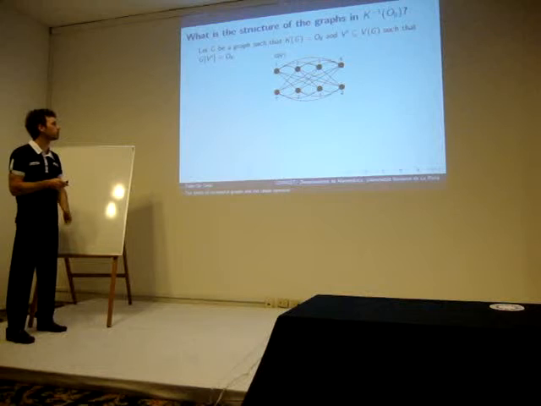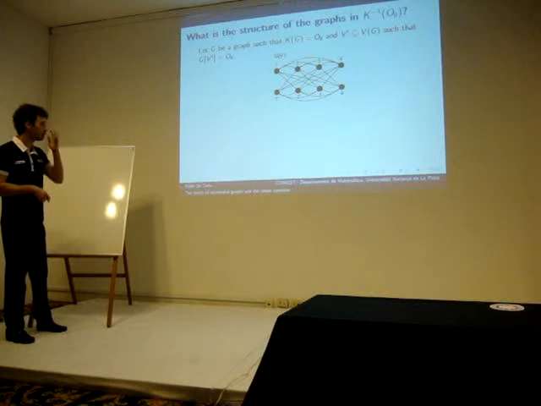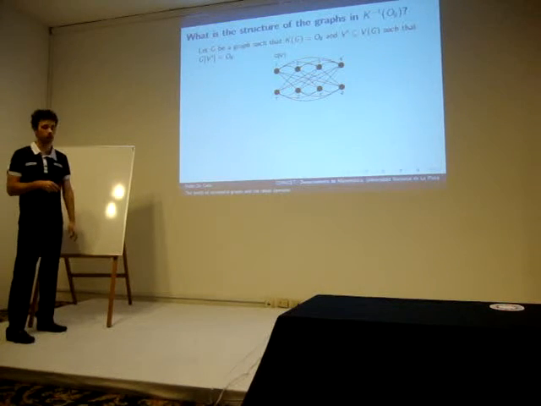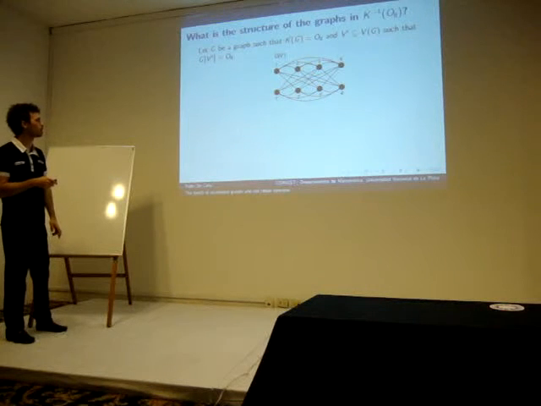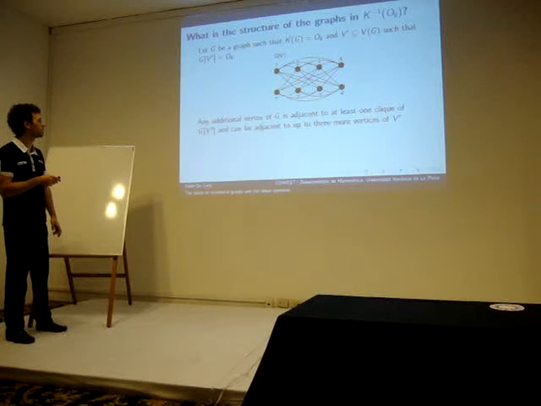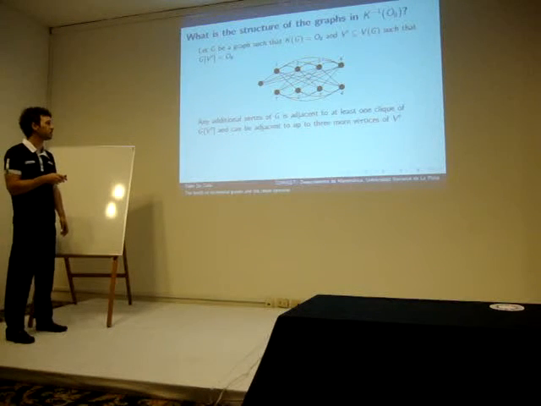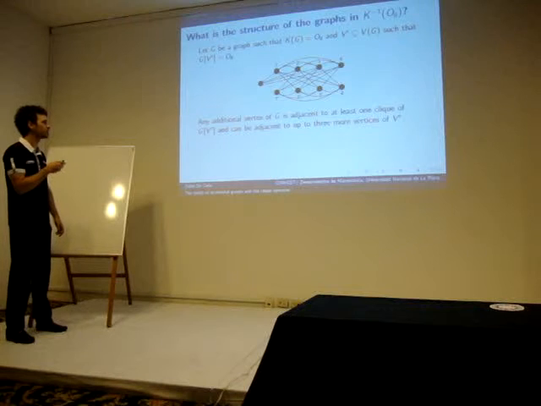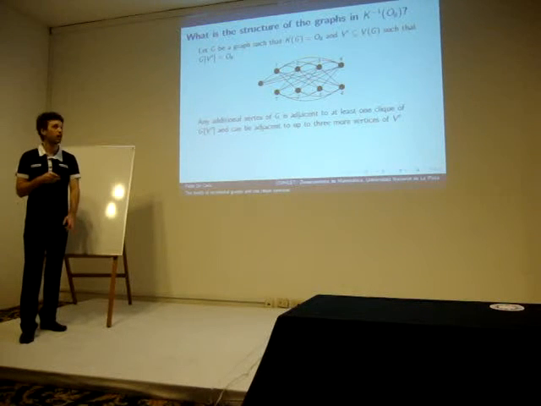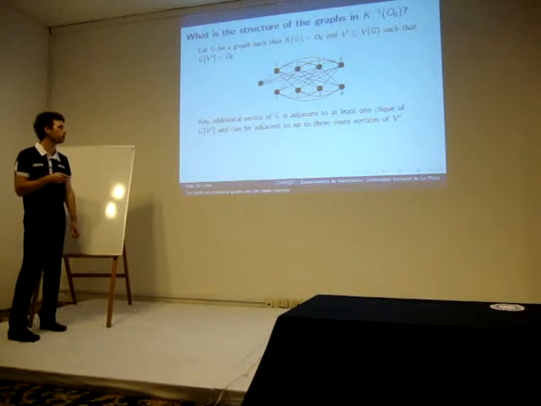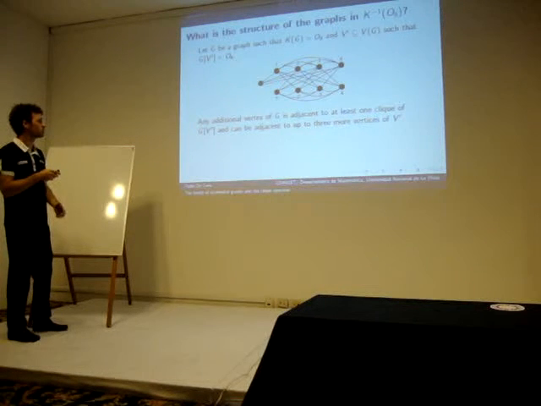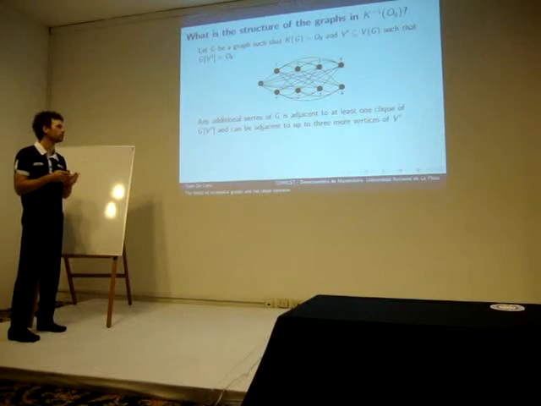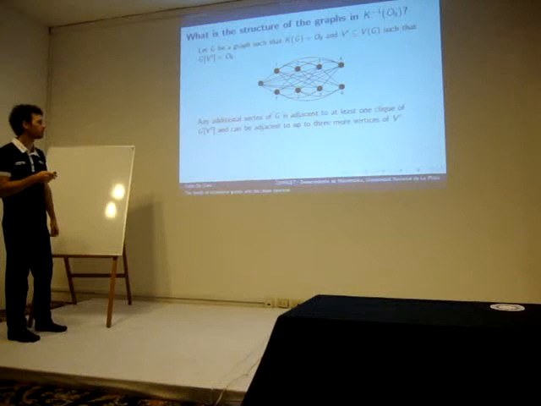That means that if we have a set B prime inducing O4 in this graph G, whose big graph is O8, we can have an additional vertex that at least must be adjacent to all the vertices of one clique of O4, and it is also possible that that vertex is adjacent to up to 3 more vertices, but not to all the vertices of B prime.